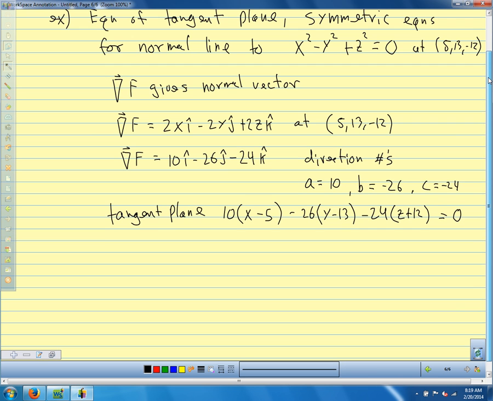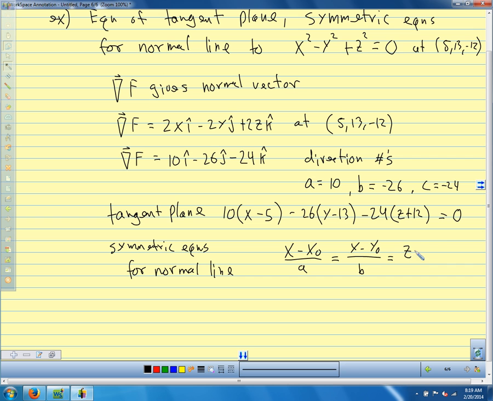And our symmetric equations for our normal line. Do we remember how to write symmetric equations for our normal line? To write symmetric equations, x minus x0 over a equals y minus y0 over b, and that equals z minus z0 over c.